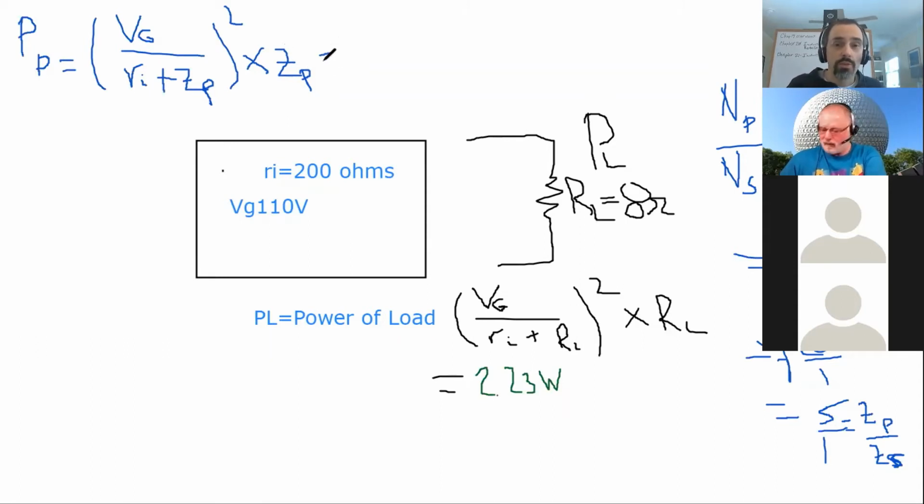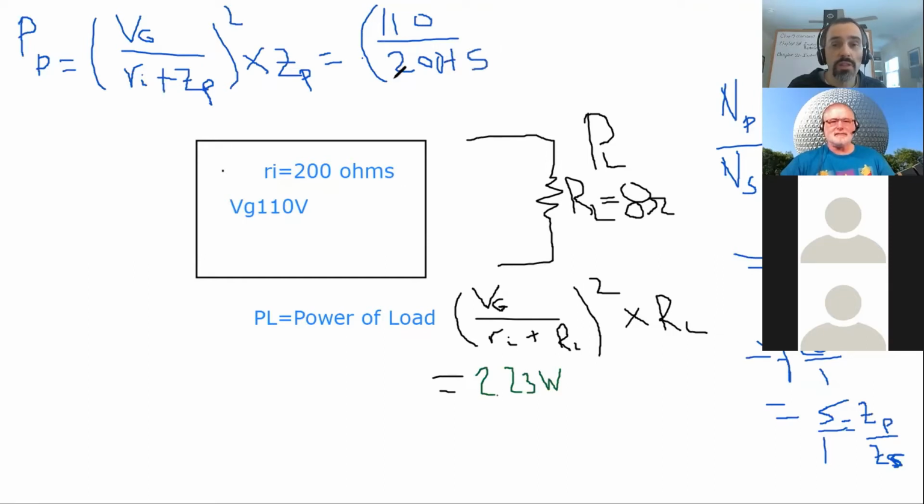So in this case, we get the voltage of the generator. What's the voltage generator we have? 110. And that is divided by, what's Ri? 200. And our ZP, what's our ZP? 5.